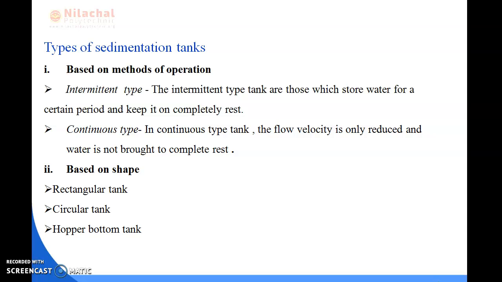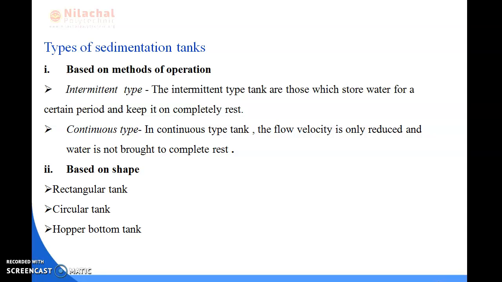The intermittent type of sedimentation tank stores water for a certain period and keeps the tank completely at rest for some time. But in the continuous type, the flow velocity is reduced but the tank does not take complete rest. So you can see the difference between these two types.